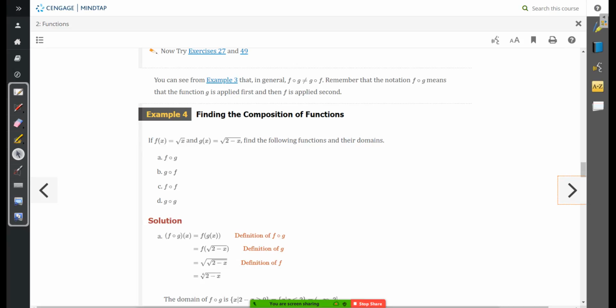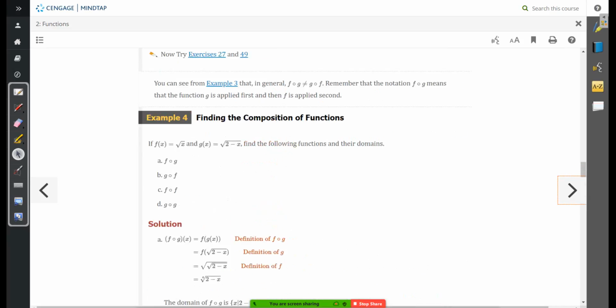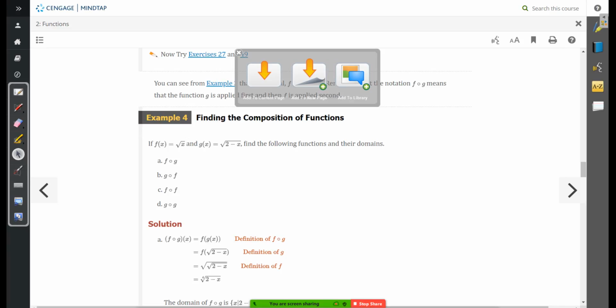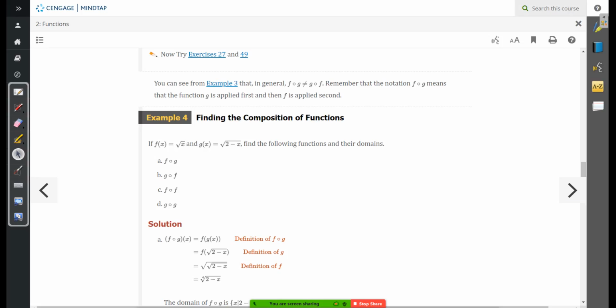This is definitely one I'm going to be snipping, because that is a lot of stuff that I don't feel like writing today. Because again, we have a whole other section to get to. But this is just another example. Obviously, I'll talk about it, but we're just going to snip this instead of writing it all out.